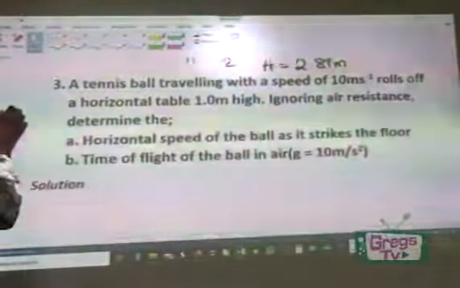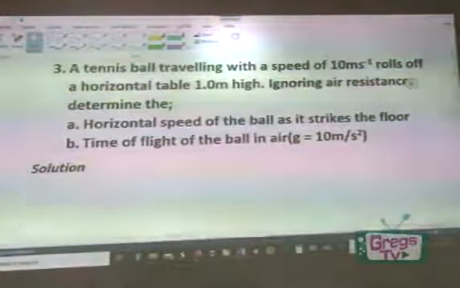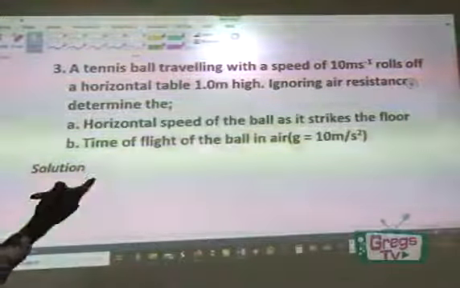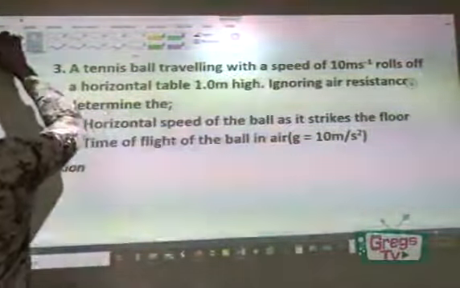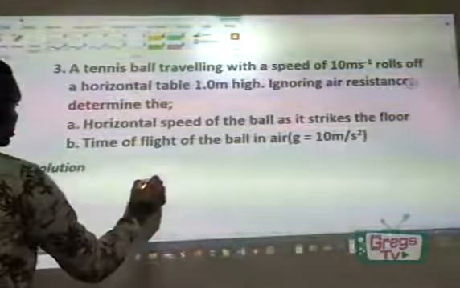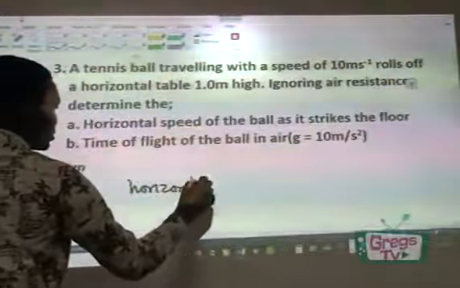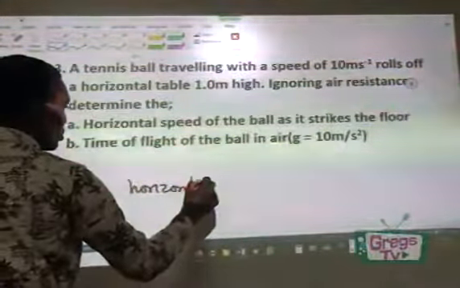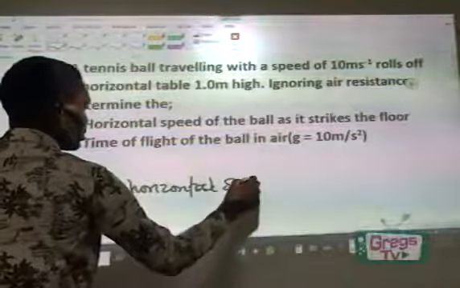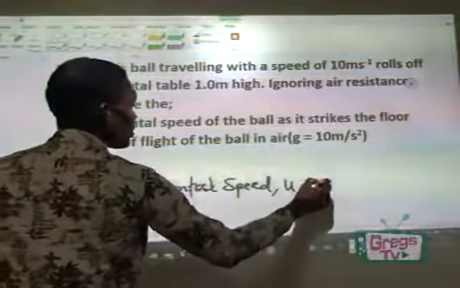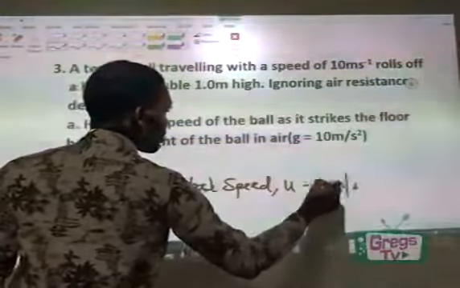Can we go to question 3? A tennis ball traveling with a speed of this. That is the horizontal speed, which is given as 10 meters per second.